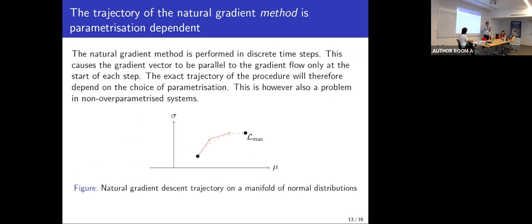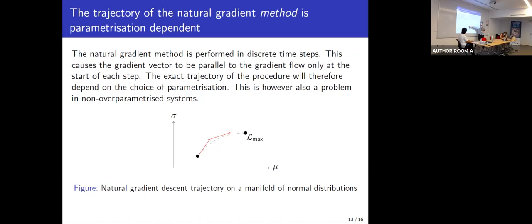So there are some things I would like to mention. Actually, if you're performing the natural gradient method, you're not really following the exact gradient flow. If this would be the gradient flow like this, you're only parallel to that gradient flow at your point P. And this gradient method is always defined in some kind of discrete time step, so you're doing a step and then a step.